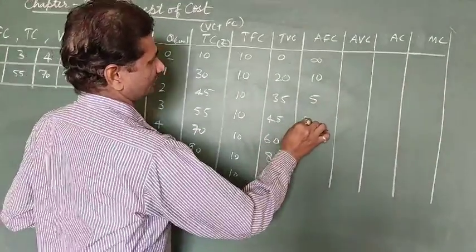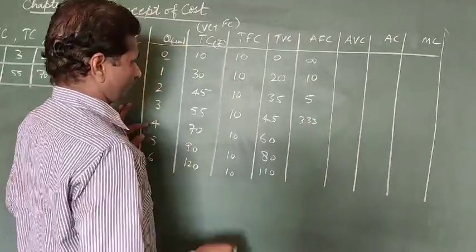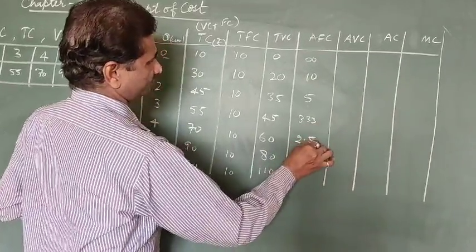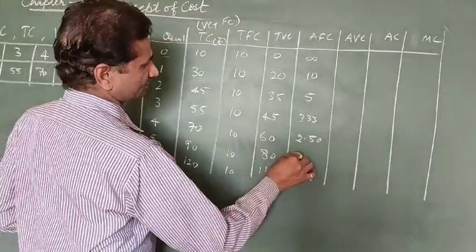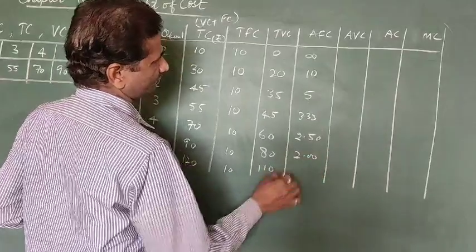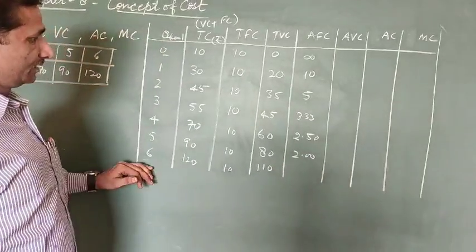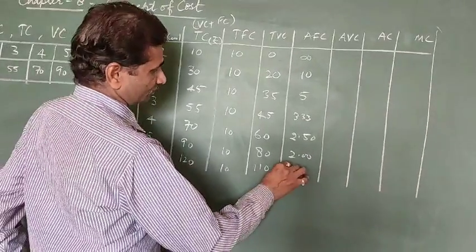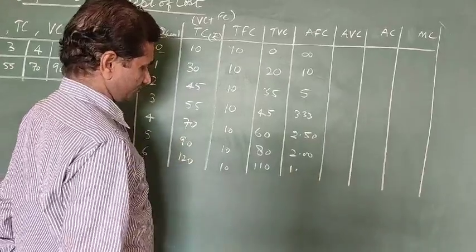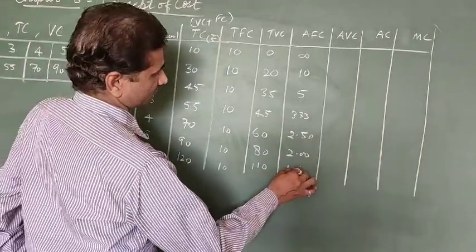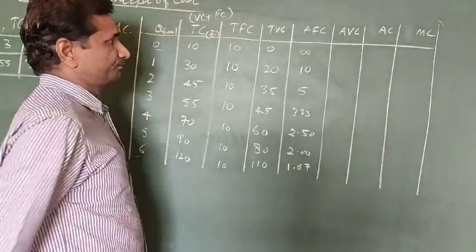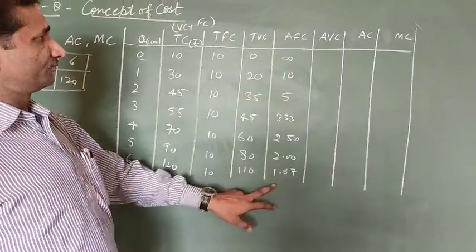For 3 it is 3.33. For 4 it is 2.50. For 5 it is 2.00. And for 6 it is 1.67. So this is average fixed cost.